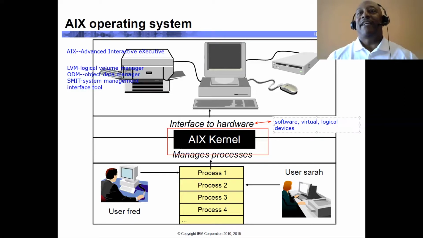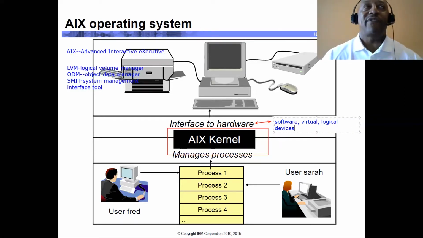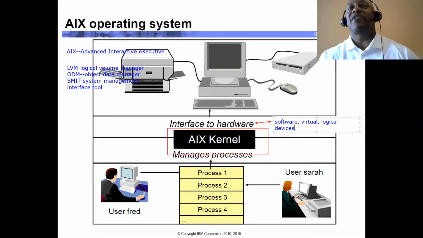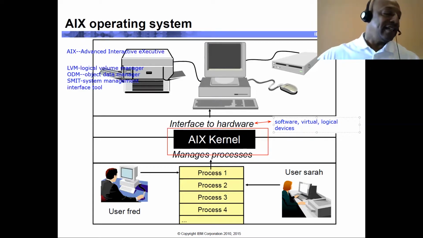That's the actual kernel. It interfaces with the software, it interfaces with virtual devices, kind of like we can create LPARs and also virtual Ethernet adapters and such, and virtual storage adapters and virtual storage, and also logical devices such as logical volumes. So that's the actual kernel being the heart of the operating system.